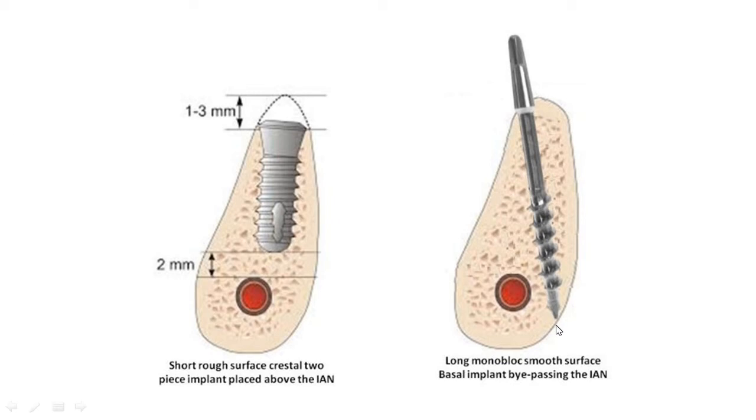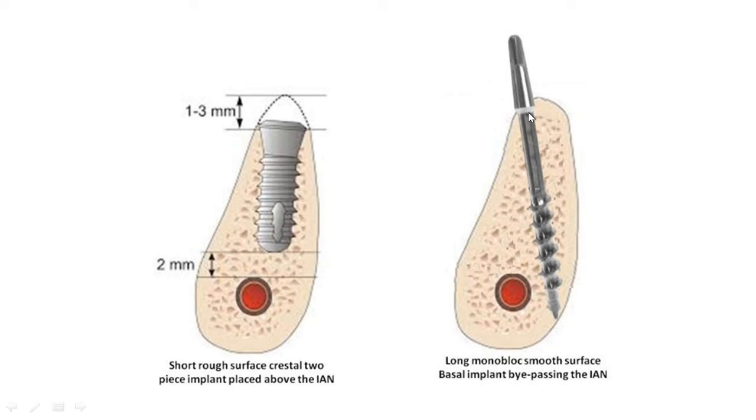We can see how it's been designed to bypass the nerve, and this would be in a situation where you might have very little bone above the ID nerve, and so you want to actually transverse the ID nerve and miss it altogether. These basal implants are designed to engage basal bone or cortical bone.